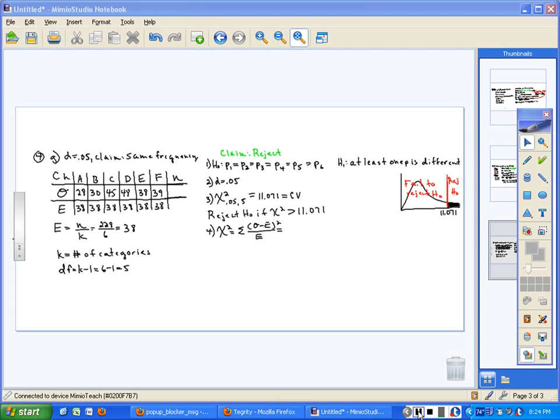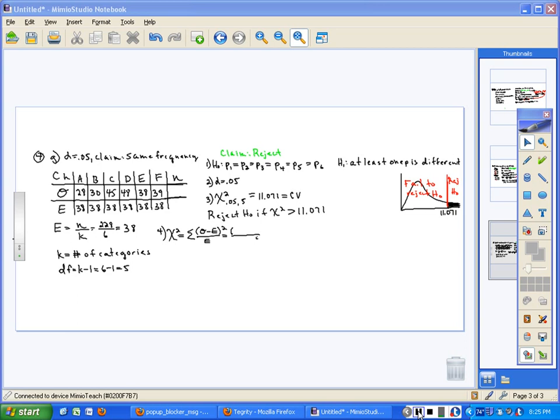Okay, I'm going to erase this and move it over a little bit, to have more room to fit it all in. So we're going to have 6 fractions.